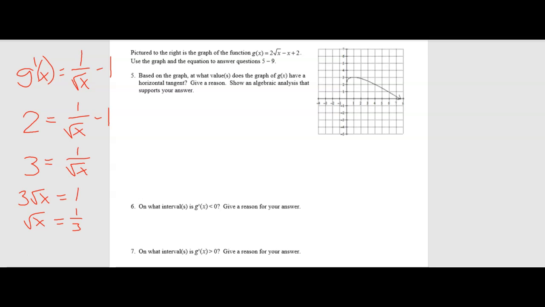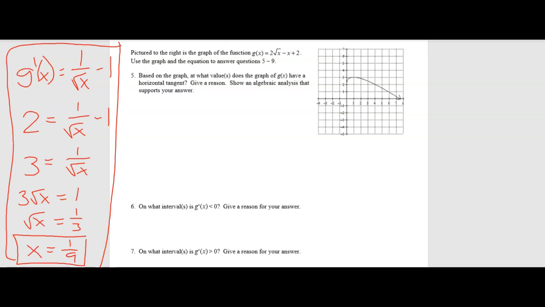After I square, I'll just be left with x. So I get x is equal to 1/9. So when x is equal to 1/9, the slope of the tangent line is equal to 2. So this work, again, for number 8. Again, that relationship is the slope of the tangent line is another way of just describing a derivative.